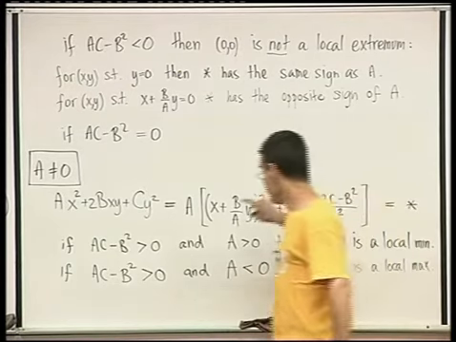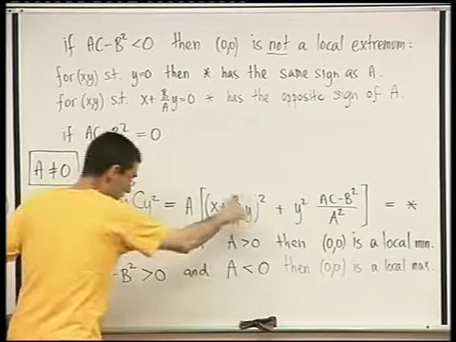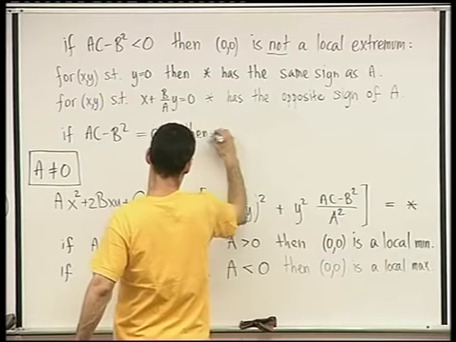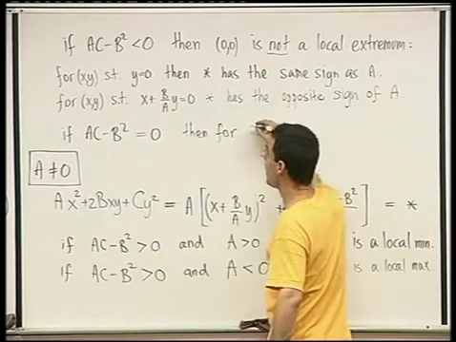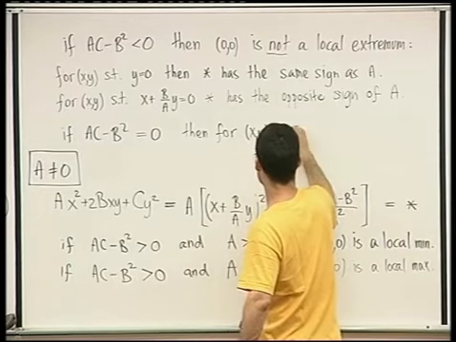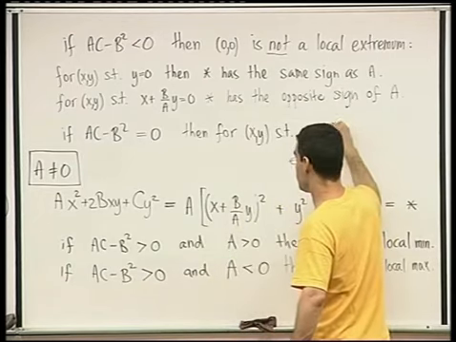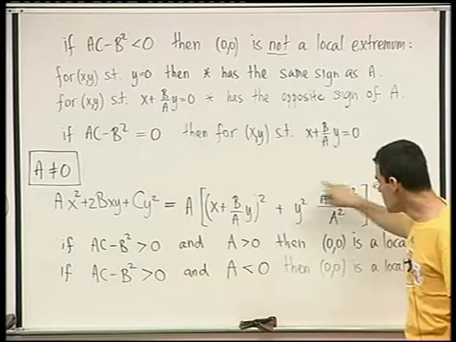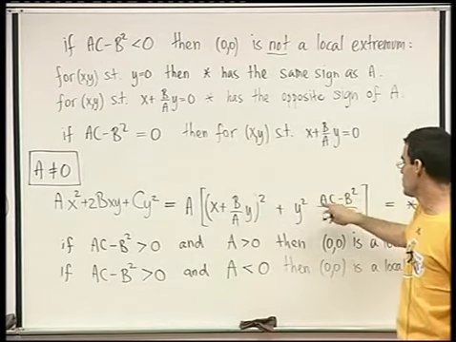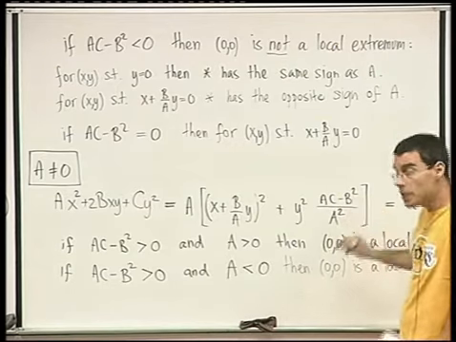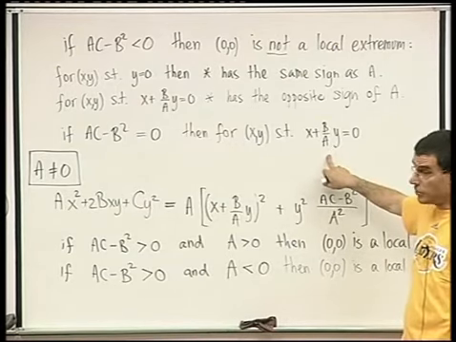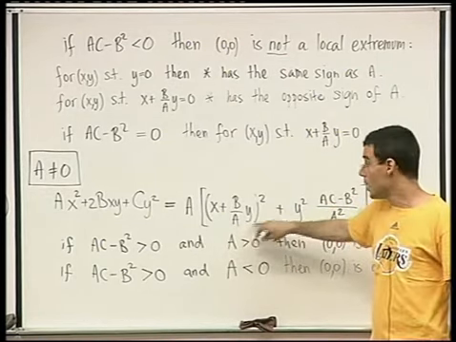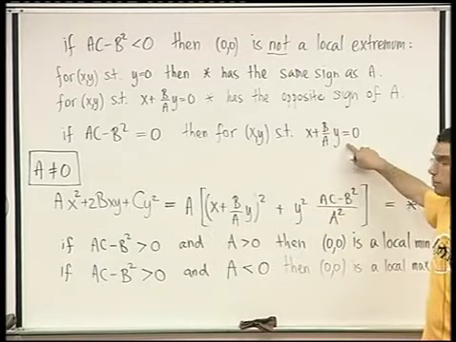Now, for points x, y, such that x plus b over a y equals 0, this is 0 because we're assuming that we're in the case where ac minus b squared is 0. Look at those points that satisfy this, as near as you want to 0, 0. Do you agree that this is going to be 0 as well? So the entire expression is 0 at these points. Do you agree?